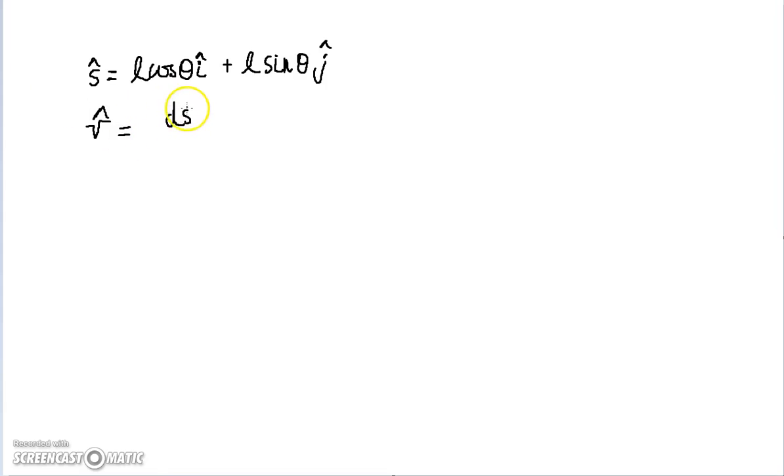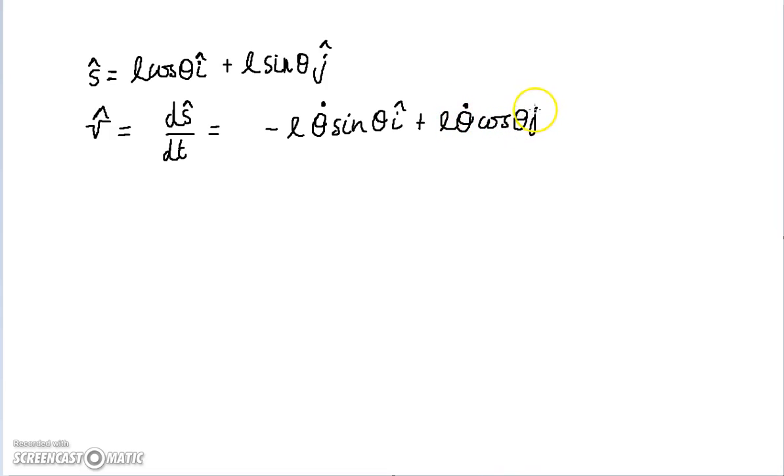So that's just ds dt, and we know that that's nothing but negative L theta dot sine theta i hat plus L theta dot cosine theta j hat. If you're not sure what I've done there, I've differentiated the position vector, or the displacement vector, relative to the origin with respect to t, and I've therefore got my velocity vector.